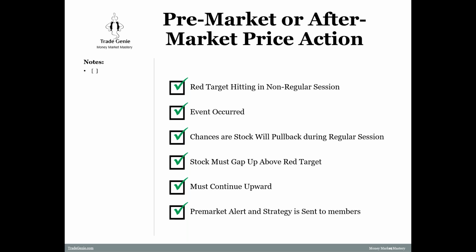So at market open, let's say your order was set at 100 and it has already hit 100 in pre-market, and when the market opens it's trading at 99. So 99, 99.20, and you're waiting for 100 to hit. 100 is not going to hit because 100 has been hit in the pre-market.